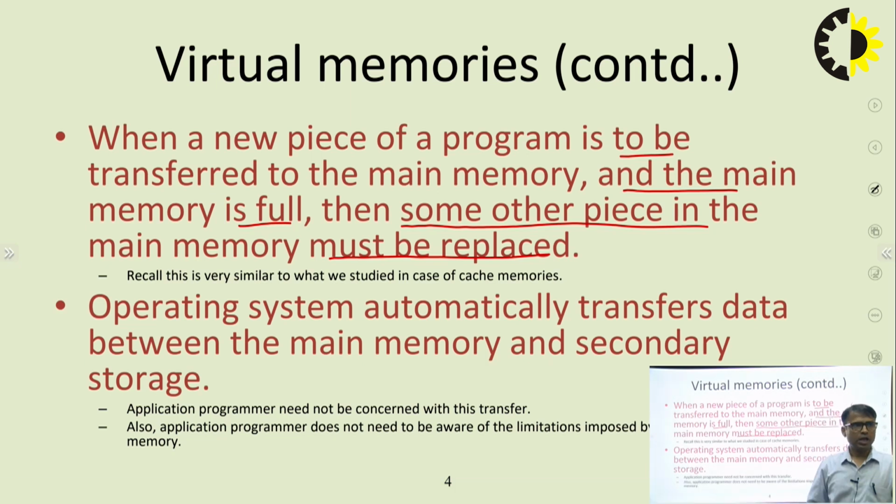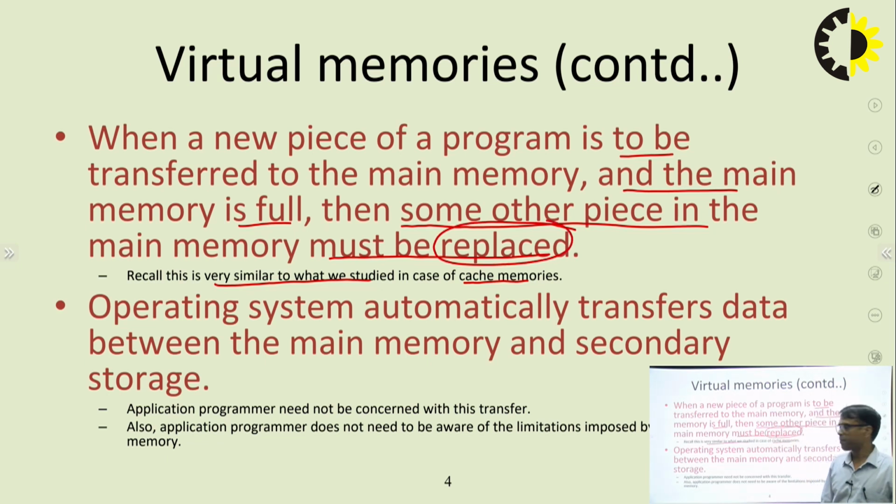The operating system works on behalf of this requirement, and we also know that in the case of cache memories we have a similar concept. If the cache does not have space, certainly we have to replace a block and fill it with the new block.